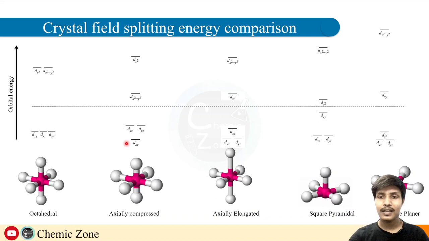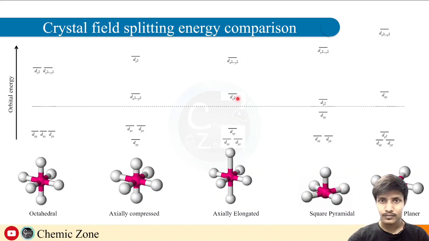In the extreme case, if we remove one ligand from the metal complex on the z axis, then the dz square orbital will be highly stabilized compared to the dx square minus y square orbital and all other x and y orbitals.